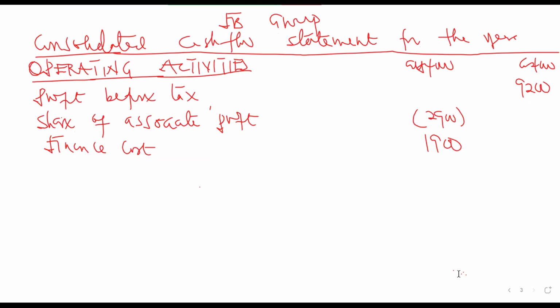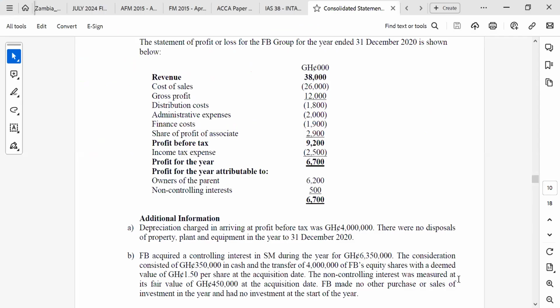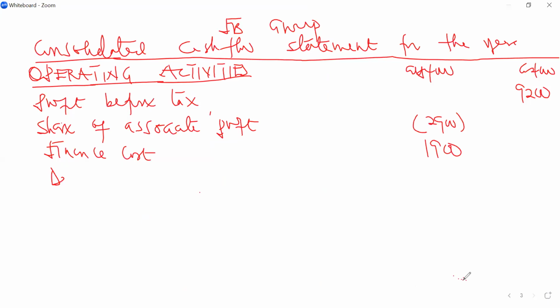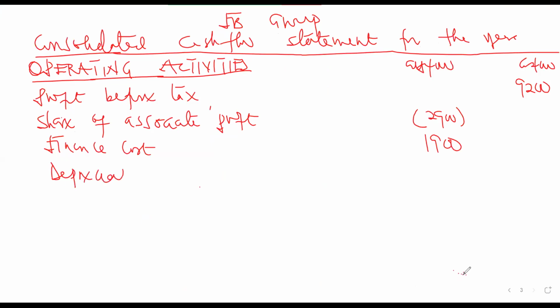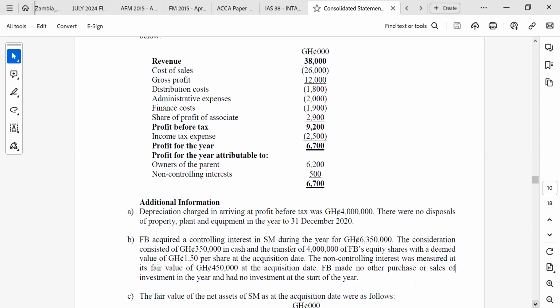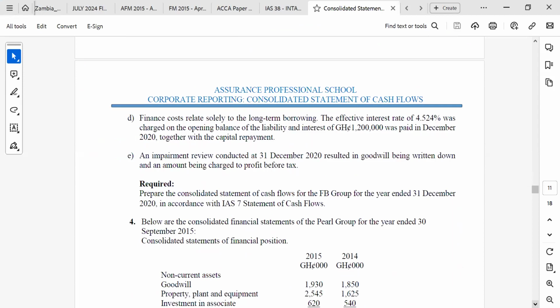Okay, the depreciation charge for the year is what? $4 million. So we have our depreciation, which is a non-cash item, will be added as 4,000.